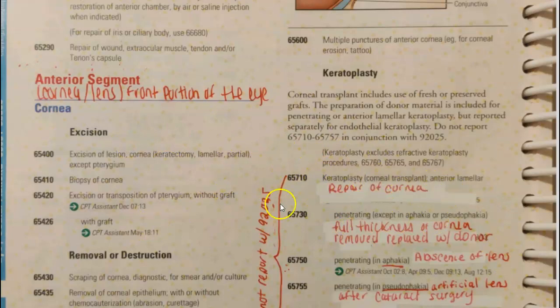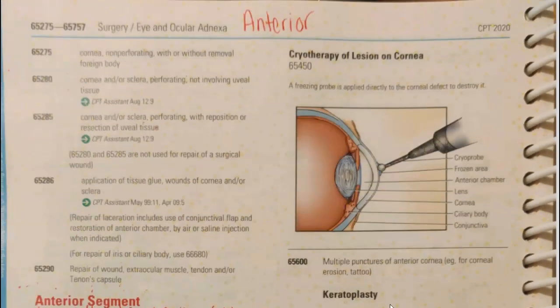So for example, if this code was not available, then you would not be adding in the note. Okay, so just the ones that are available. And for the most part, I do believe for the eye and ocular adnexa section, there hasn't been a lot of changes.